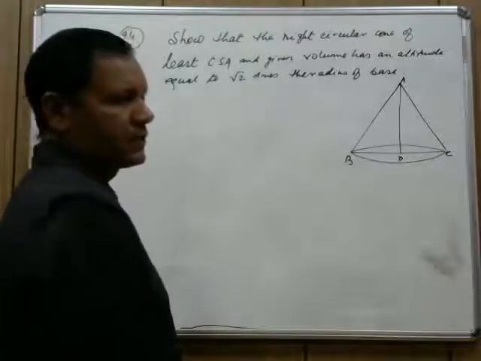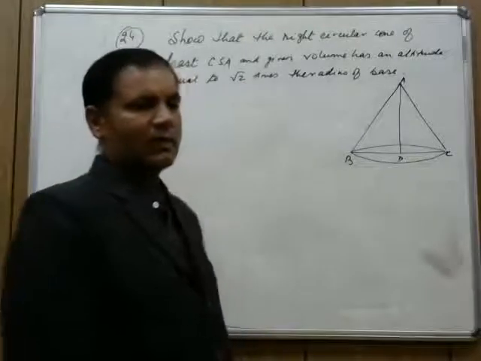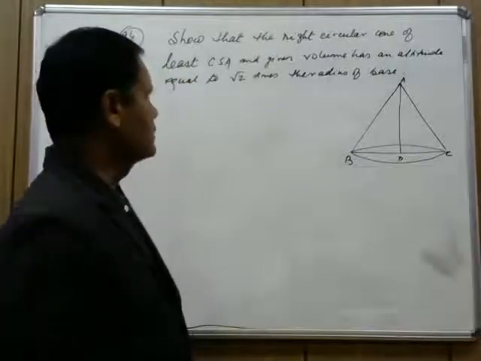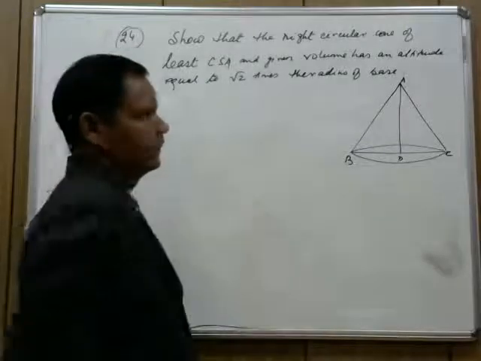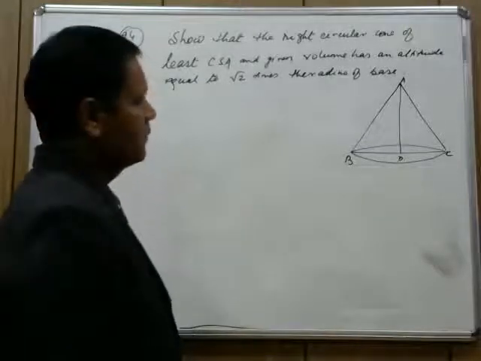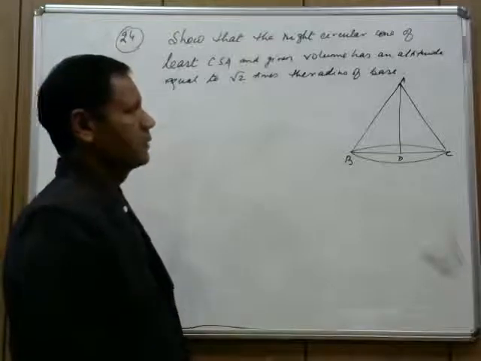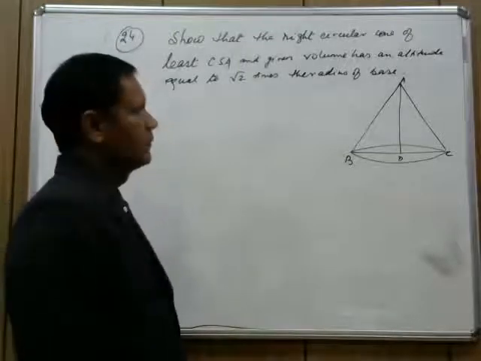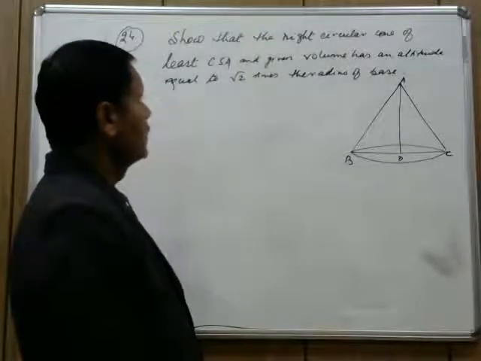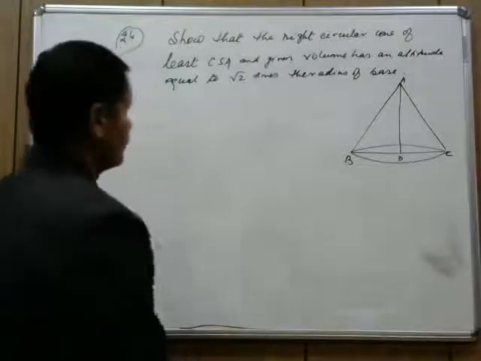Least curved surface area, that is the function which we are going to make, that is the curved surface area. And we know that the curved surface area of a cone is pi r L. The volume is given.